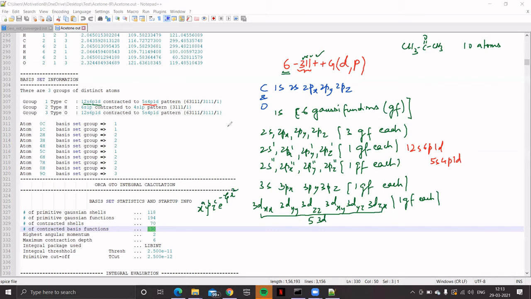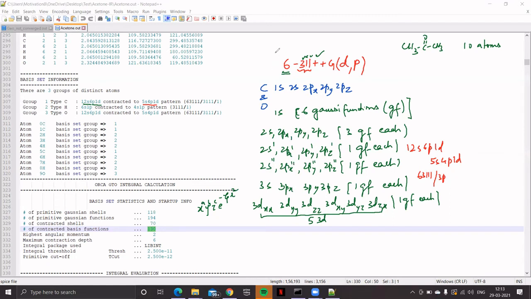The pattern is, look at that. This is 6, 3, 1, 1, 1 for s. So you can write this as 6, 3, 1, 1, 1 for s. Then for p, it is 3, 1, 1, 1 for each p. So this is 2px, 2px dash, 2px double dash, and 3px.